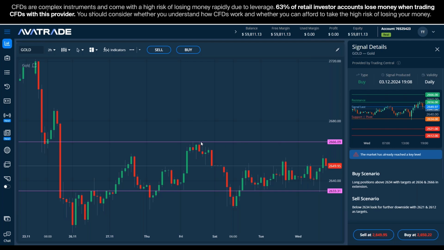Okay, so if you're wondering why in the signal you see these lines and suggested take profit levels, it's because that's where in the past there was resistance. Okay, and so this is the upper line here. The lower one was at 26.56, which it already broke once, which was here.